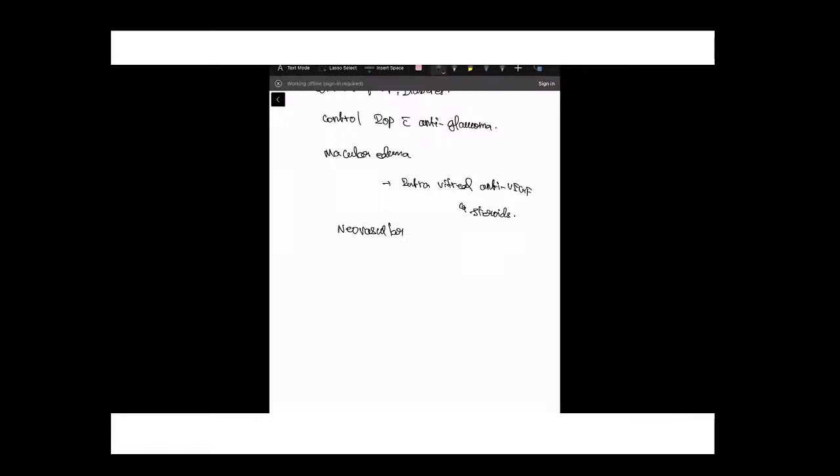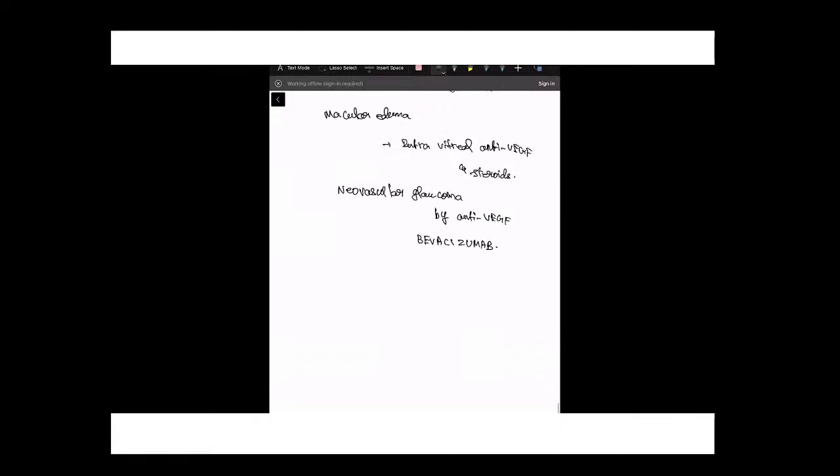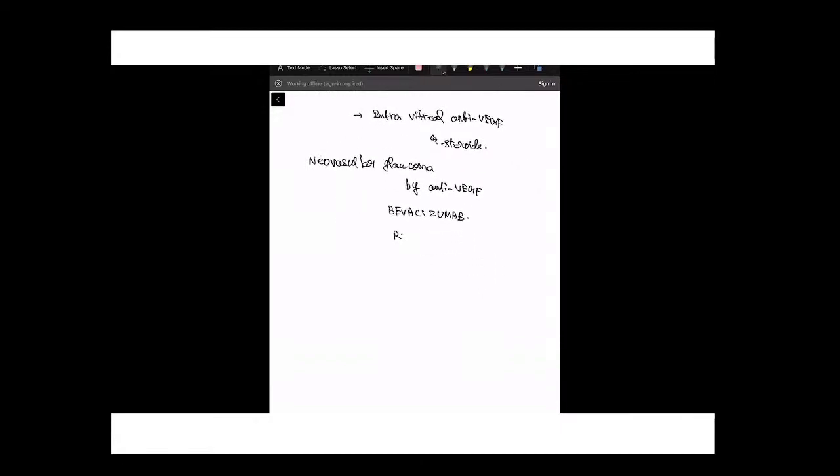And the neovascular glaucoma is also treated with anti-VEGF drugs, our bevacizumab, ranibizumab. These drugs are important as far as ophthalmology is concerned.